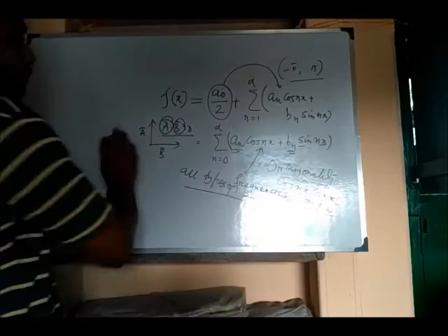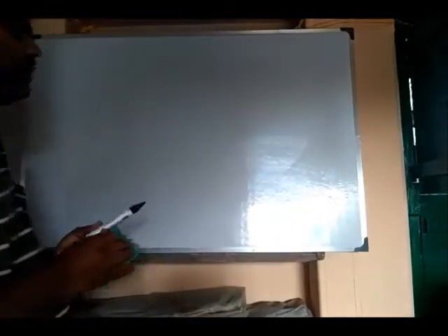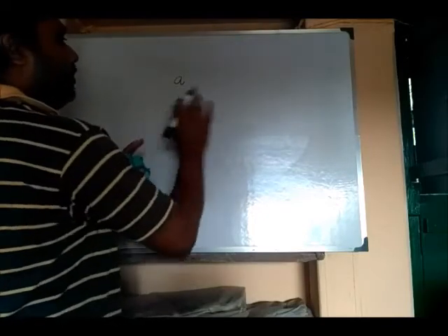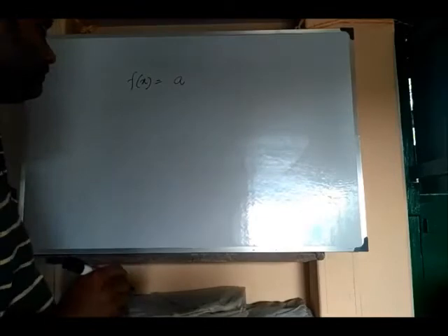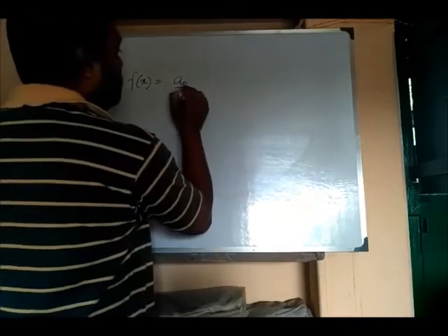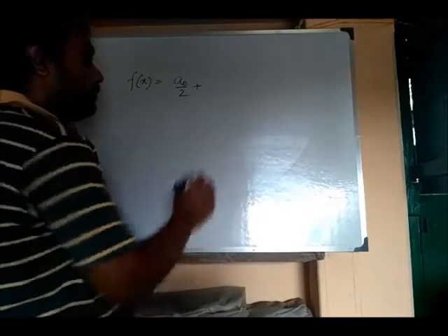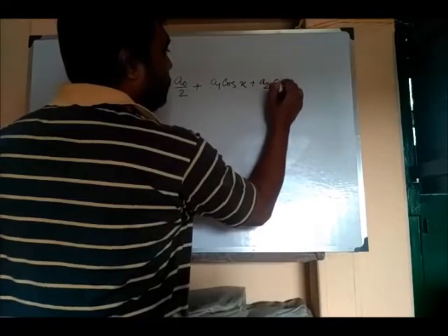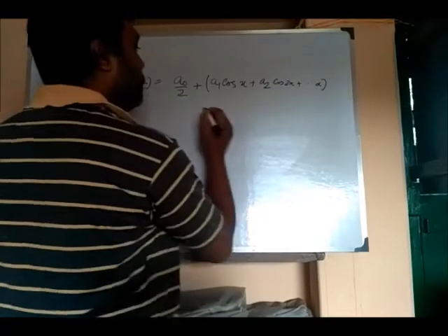Okay, so what does the Fourier series physically mean? Say, for example, you expand all the terms of a function f(x) in Fourier series. What will you get? a0 by 2, which is obviously the cosine function with n equal to 0, plus a1 cos x plus a2 cos 2x, and in this way up to infinity.